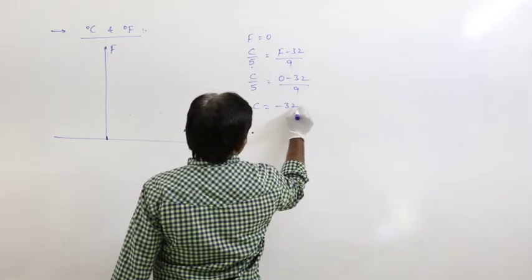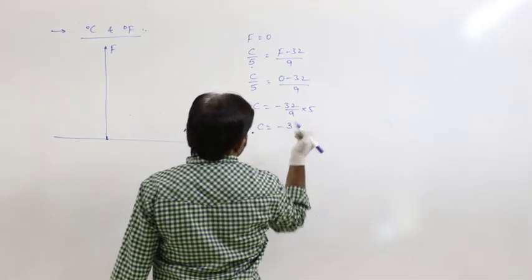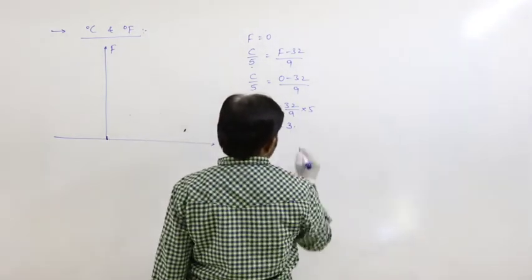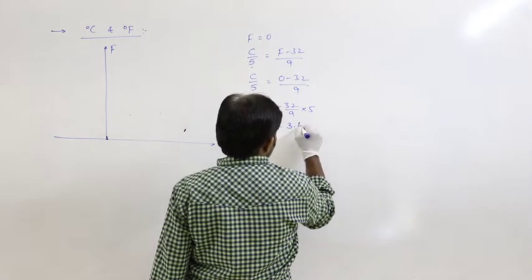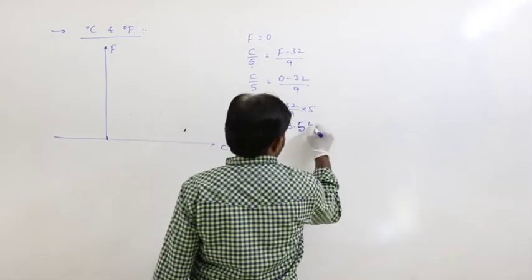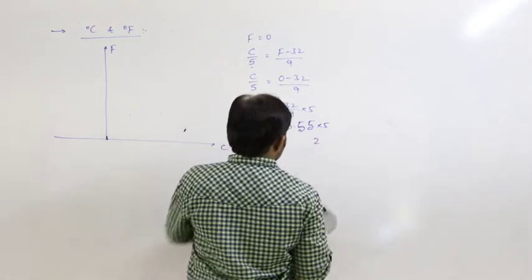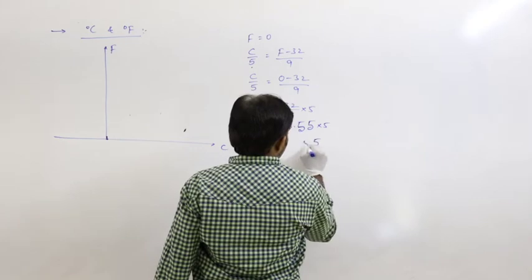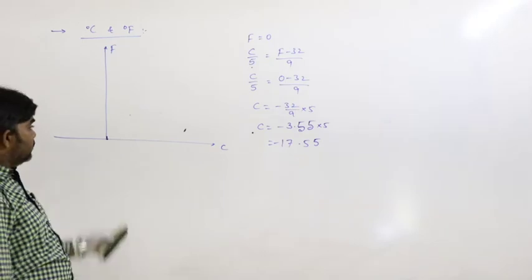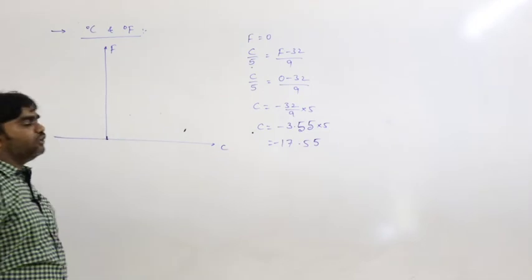C is equal to minus 32 by 9 into 5, which is minus 17.55. If Fahrenheit is 0, Celsius is minus 17.55.